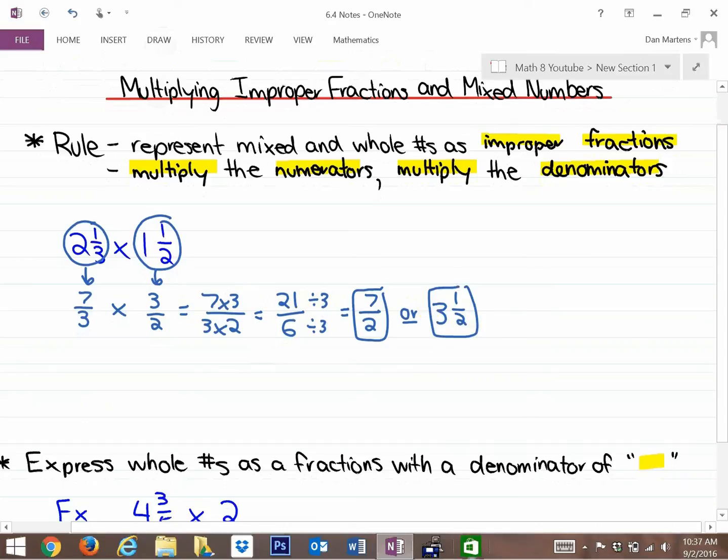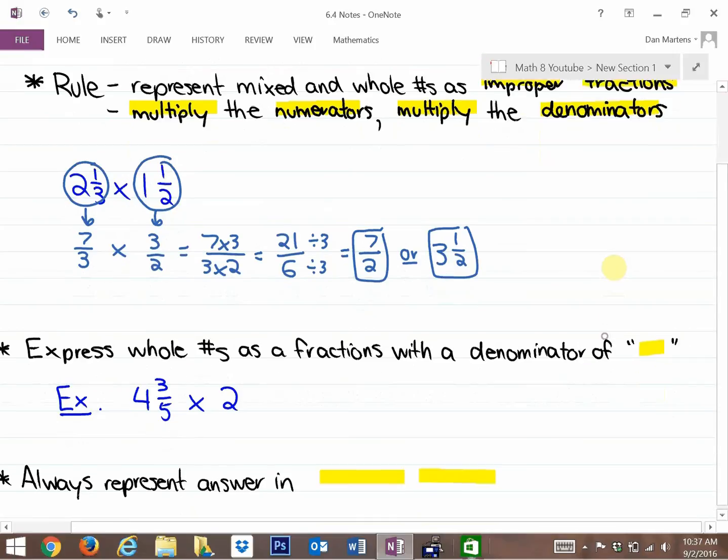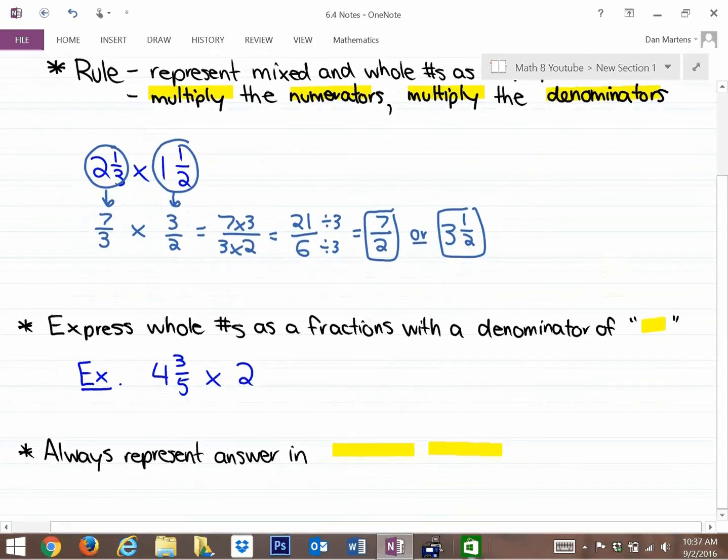Either way. Okay, the last key idea here is, what do we do with just straight up whole numbers? We know how to make mixed numbers into improper fractions, but whole numbers we have a problem making into improper fractions if you haven't practiced it before. So if you look at this next example here, here's a whole number.